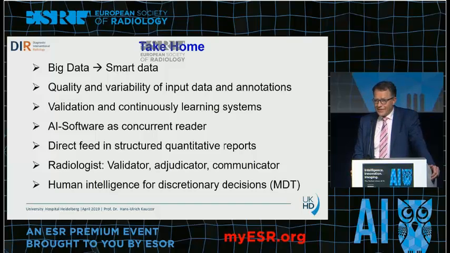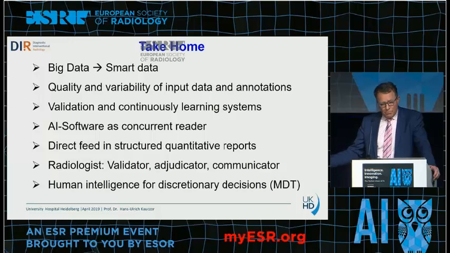But we have to be clear that a data set and an AI algorithm that's trained in China might not work in Europe. Especially for pulmonary nodules, we already learned that there are different histological subtypes which will have different CT phenotypes, and so it is really something about the input and the variability that is used to build such a system.